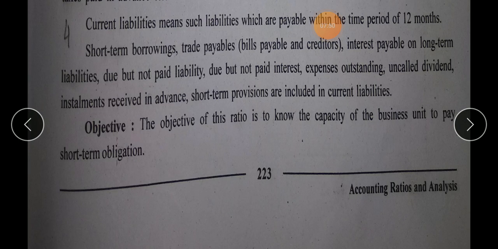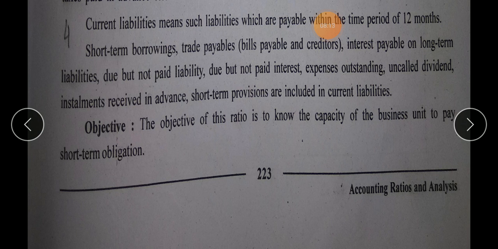Next, talking about current liabilities. Obviously, you know the meaning of this. What are current liabilities? First of all, what is a liability? The amount that you are supposed to pay to an outsider from the business. That is the liability.